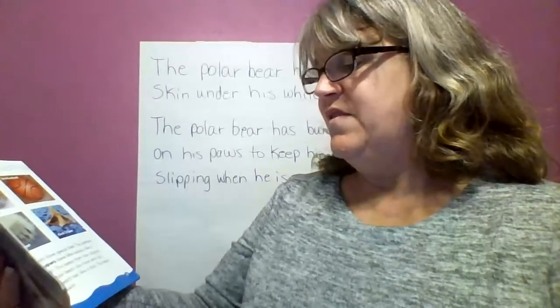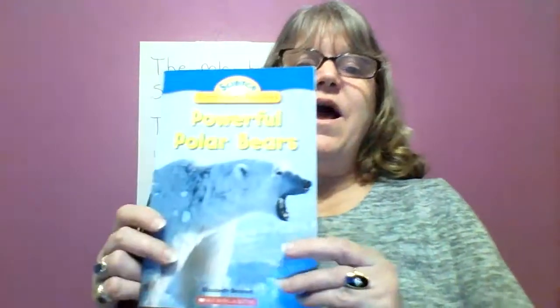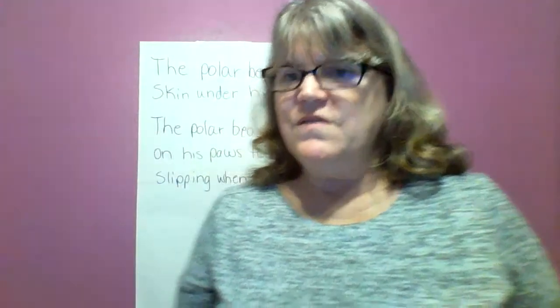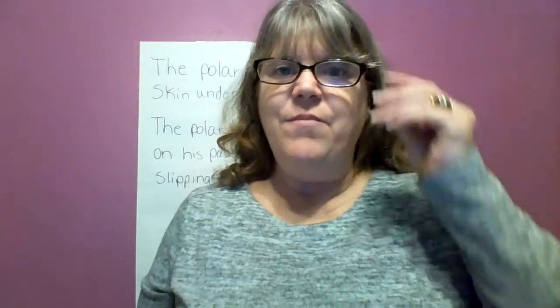This keeps them from slipping on ice. So I used what I read, okay, and I put it in my own words, and I told you 2 facts that I learned from using a nonfiction book about polar bears. 2 things that I learned about polar bears, 2 facts.